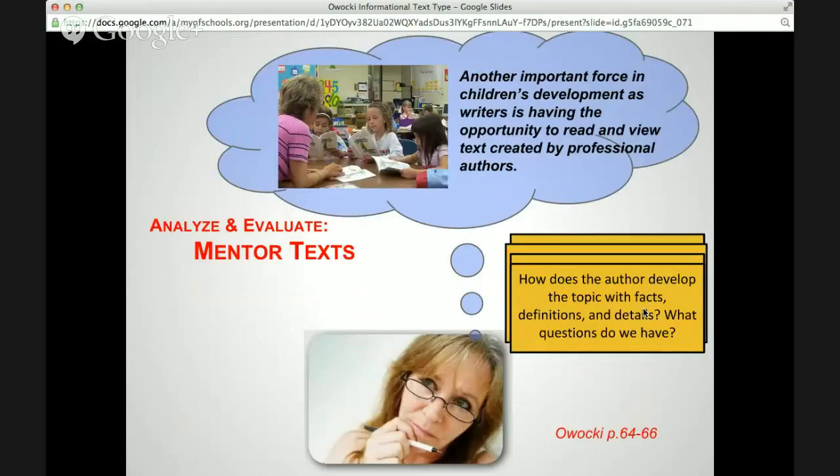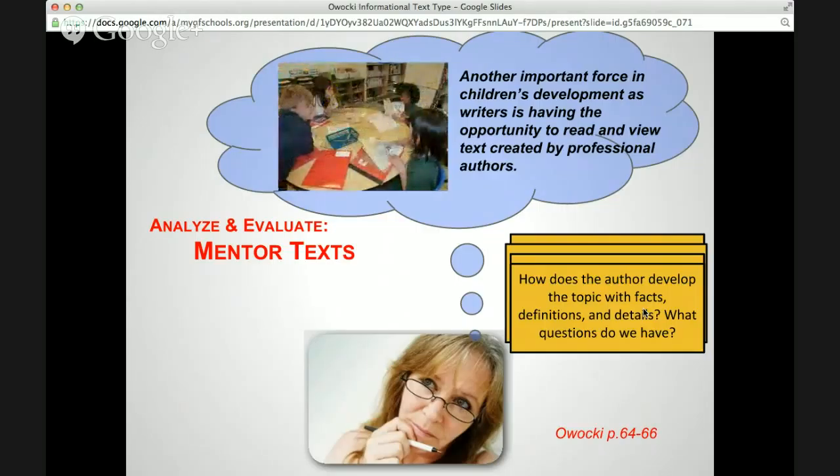The second evaluating and analyzing of text is looking at professional authors. We know a very important force in children's development as writers is looking at texts created by professional authors.